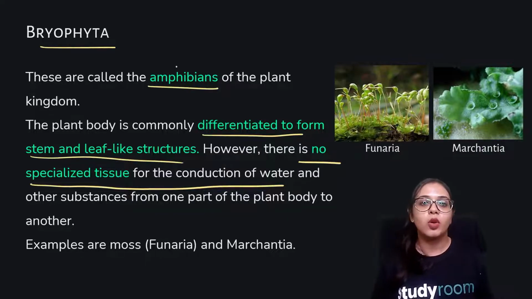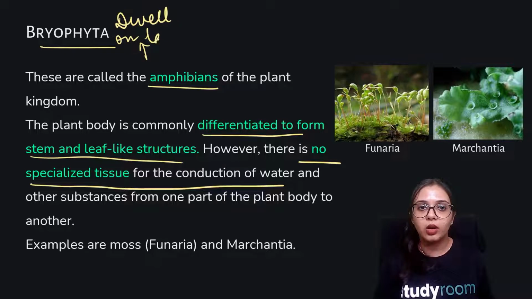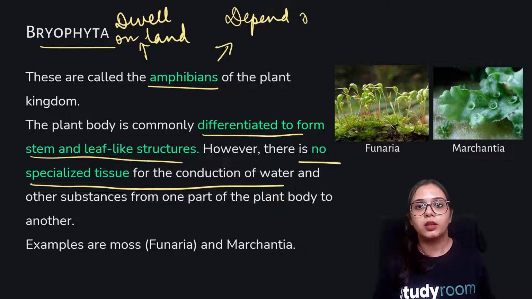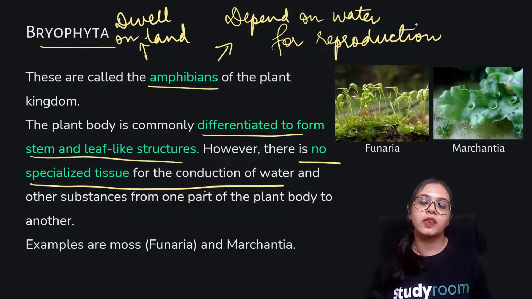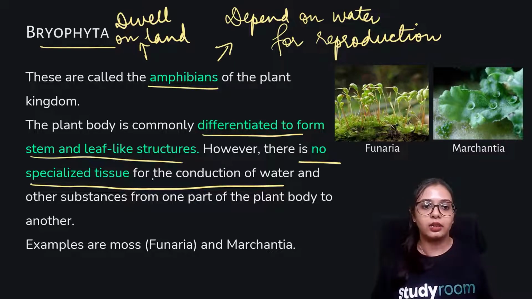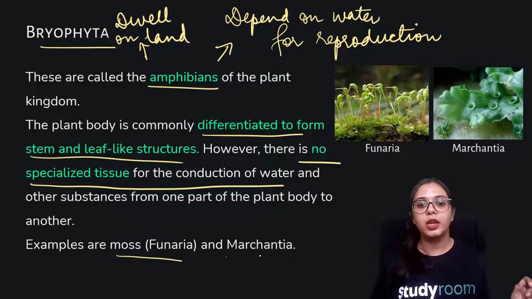There is a reason: they dwell on land, but they depend on water for reproduction. Examples are moss, Funaria, and Marchantia.